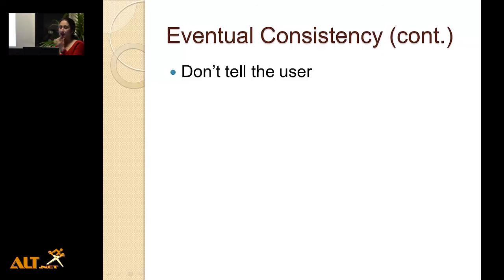But the fact is, most of the time they won't really understand what you're asking. So if you ask them, how up to date do you want your data to be? They will say, oh, I want my data up to the second. And if you say, are you sure that 5 minutes is a problem? No, up to the second.